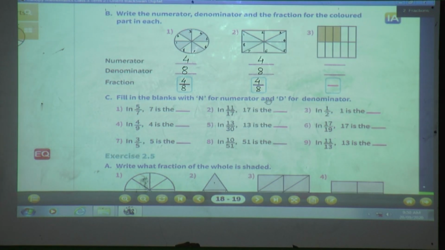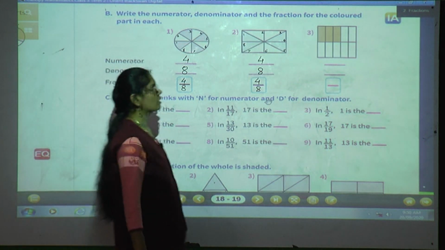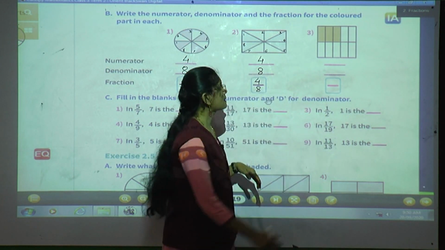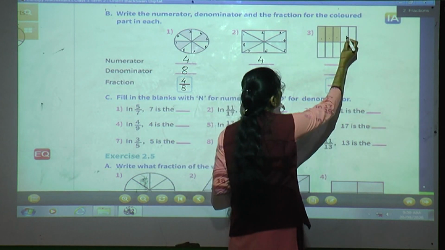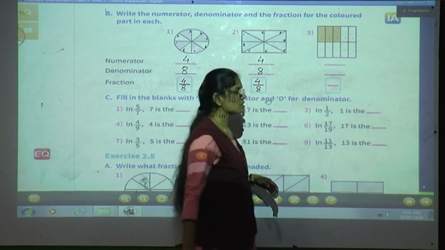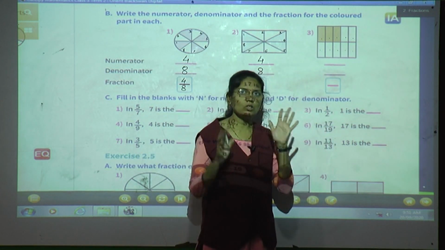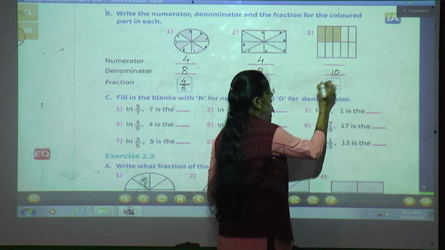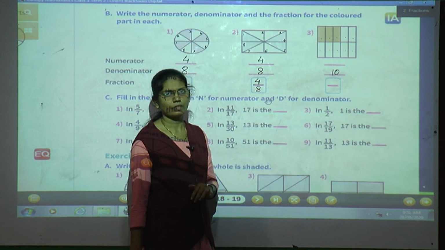Now we'll move to the next example, that is the third one. See the given figure. In this figure, how many total parts are there? Count from your textbook. 1, 2, 3, 4, 5, 6, 7, 8, 9, 10. This whole is divided into 10 equal parts. So at the denominator place we'll write 10.